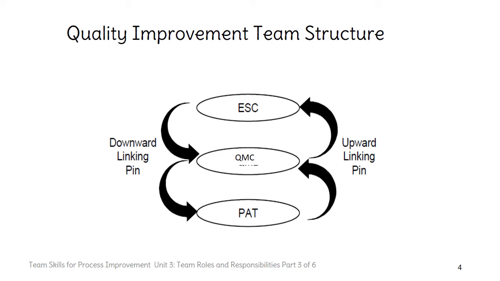To review, the ESC is responsible for setting strategic quality policy and goals, as well as developing systems improvement. QMCs set process improvement goals, plans, and changes, while PATs are responsible for data collection and process improvement recommendations.